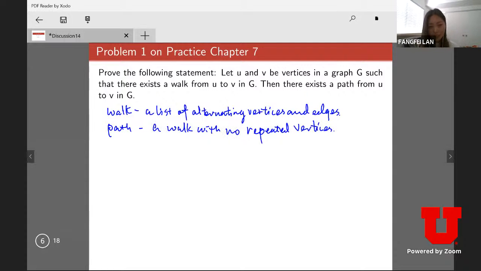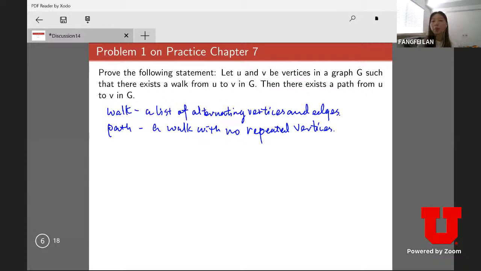So do you guys have any idea how to do this? It takes some creativity. Do you see why intuitively this makes sense? If there's a path from U to V, there's a path from V to U, you just walk backwards.